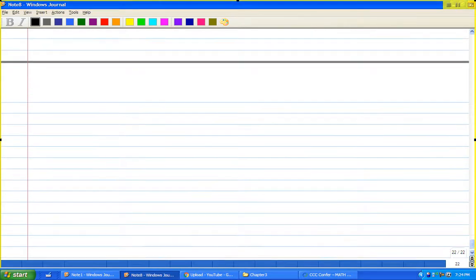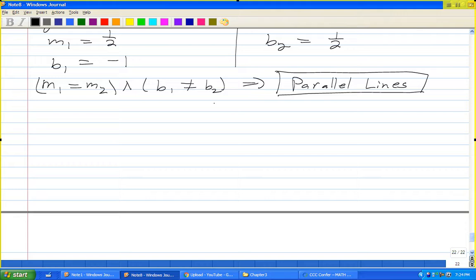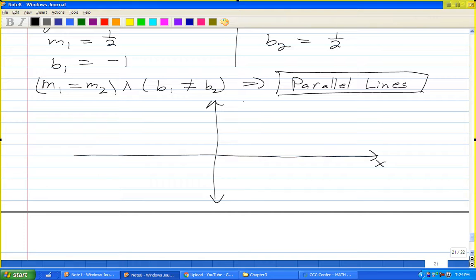Okay, so let me draw the graph. Don't want to draw too much because it's going to be hard to make it parallel. So the y-intercept is -1, and the slope is 1/2. So over 2 up 1.